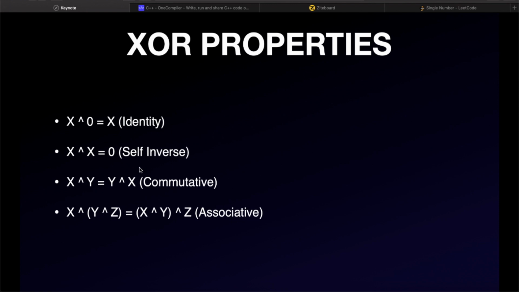Now let's look at the second property, which says that every single time a number is XORed with itself, it gives you 0, or it gives you nothing. It just cancels out, right? So it is a very common sense logic, right? Because every single time the bits are same, you get 0.